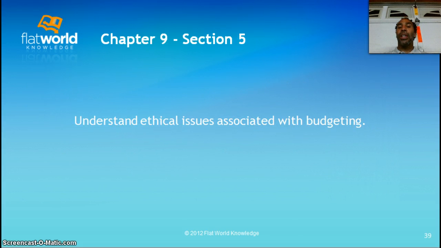So you want to understand ethical issues associated with budgeting, and one of those ethical issues is, hey, my bonus is short term. It's within a year, and I'm going to do this because it's for the short term health of my pocketbook. Although I know it's going to be bad for the company long term, I still do it because I'm attempting to look good and get my bonus for the year.